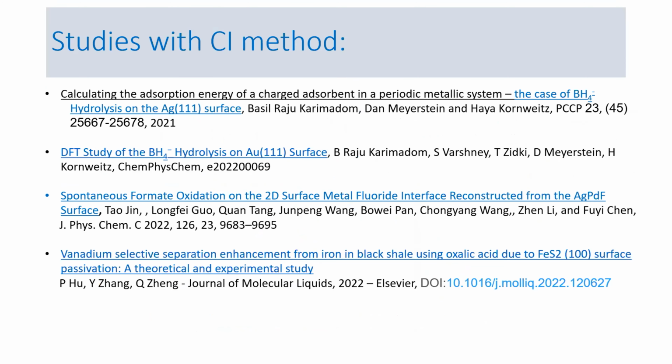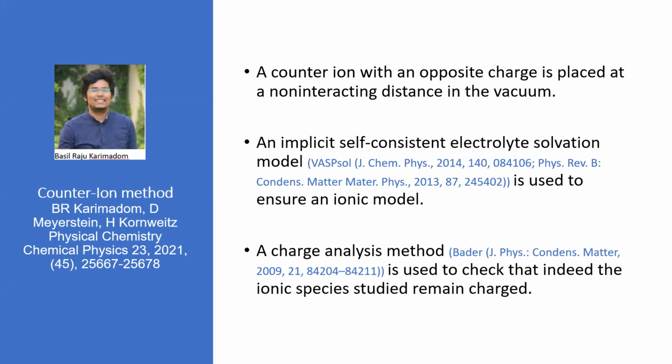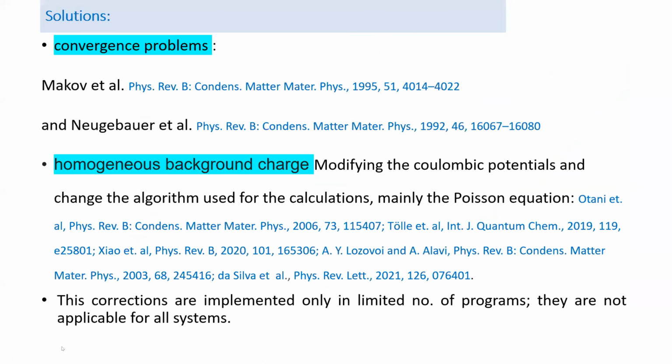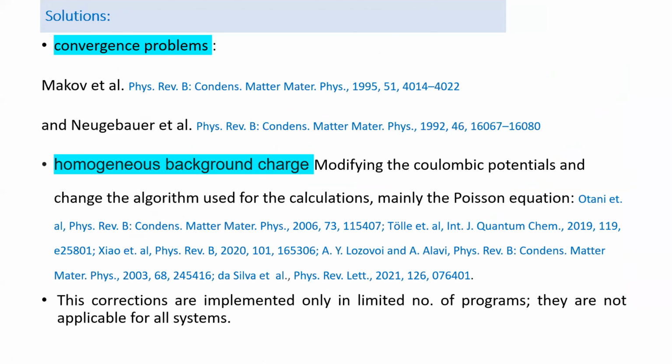Aside from Bader charge, did you also check the local potential between the counter ion and the surface? Because I think the electric field change between the counter ion and the surface is a little bit more dramatic than in the real situation. Can you ask again? Yes, about the counter ion.